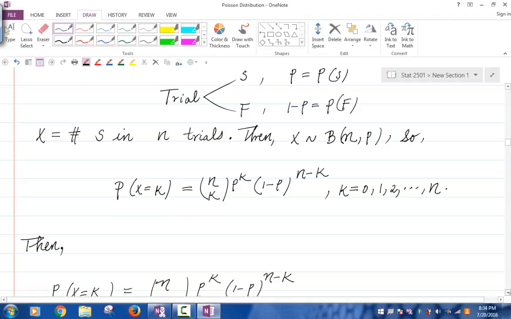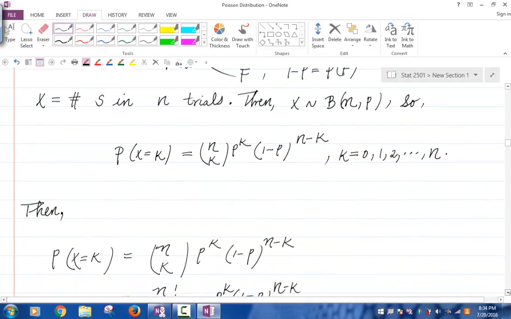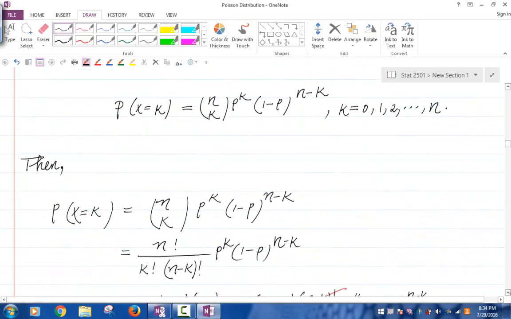So let's start with the PMF of the binomial distribution with parameters n and p.